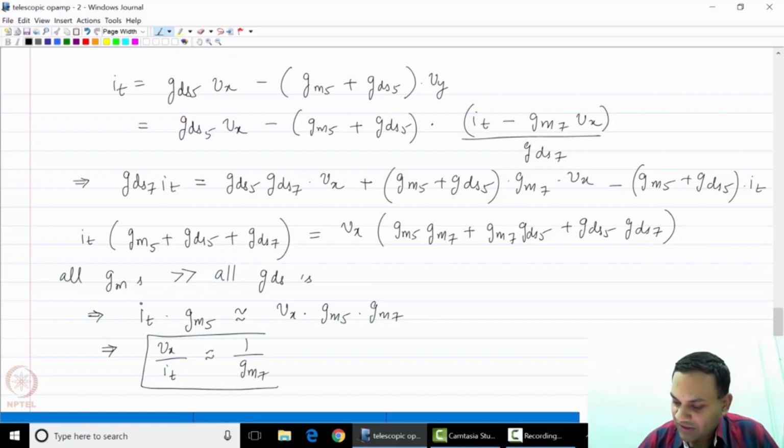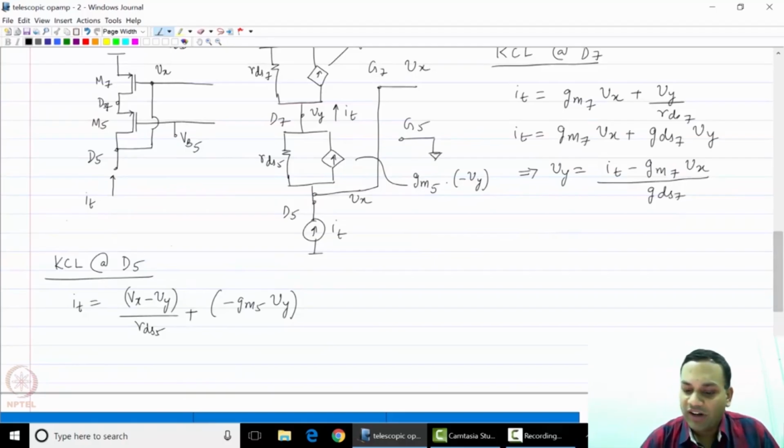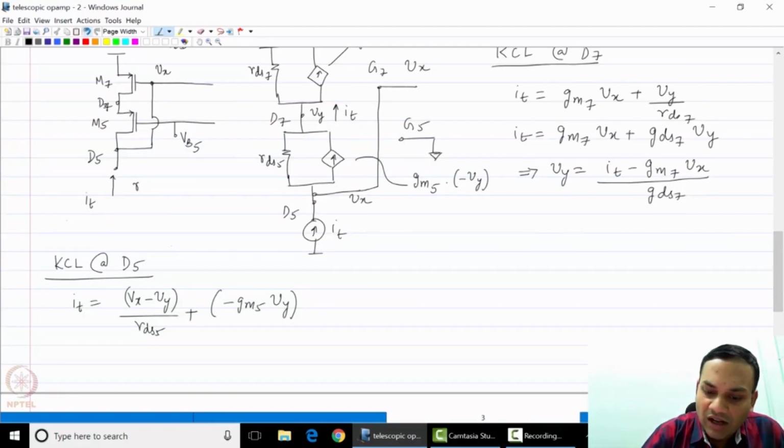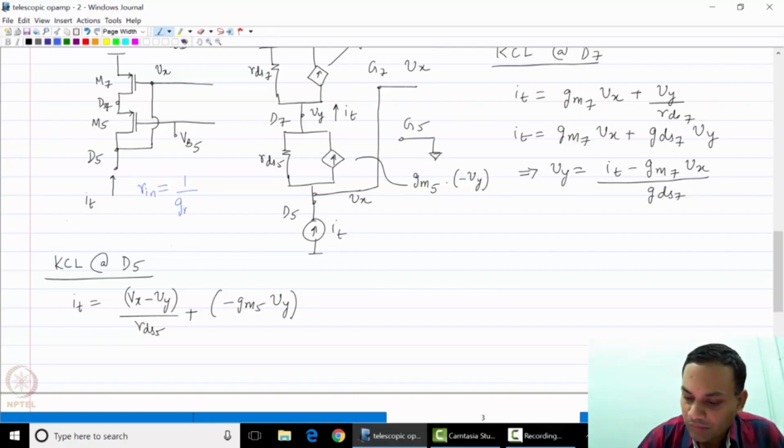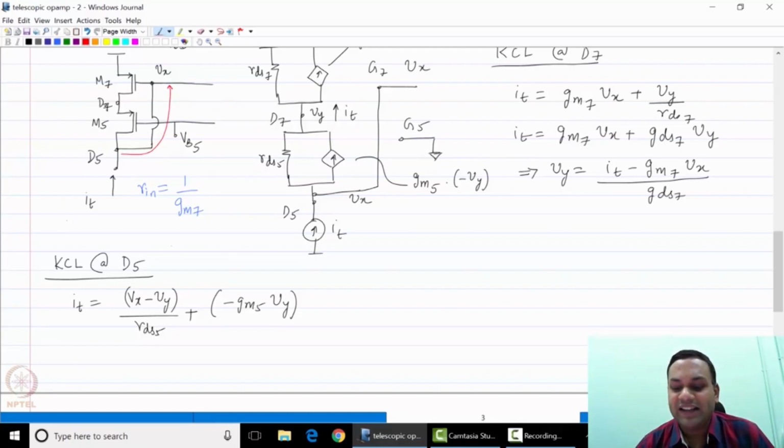gm7. Please note that the impedance looking upwards, Rout or Rin, is 1 over gm7. This indicates that there is inherent feedback by connecting the drain of M5 to the gate of M7.